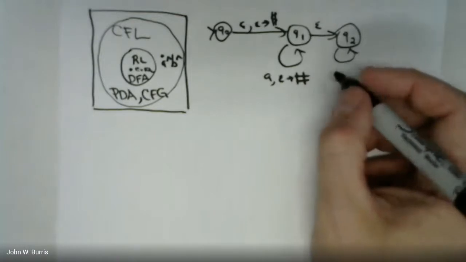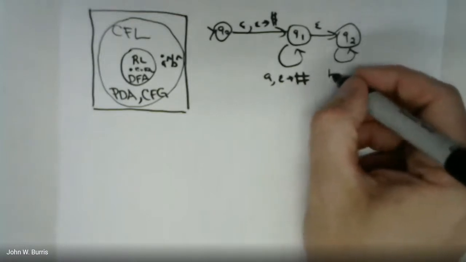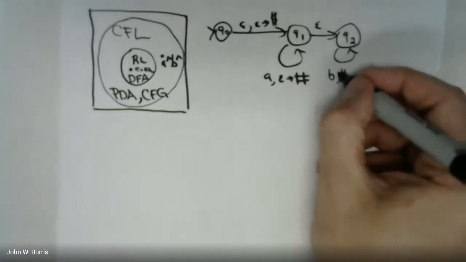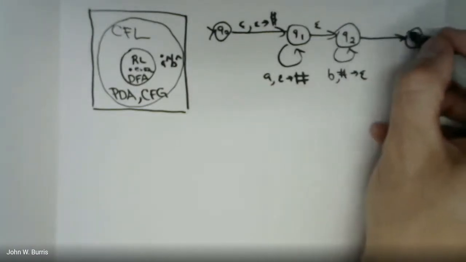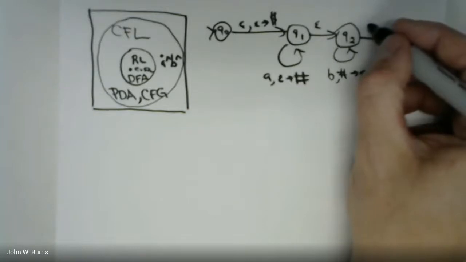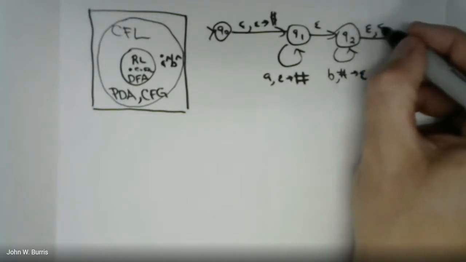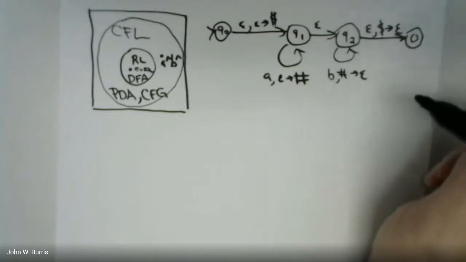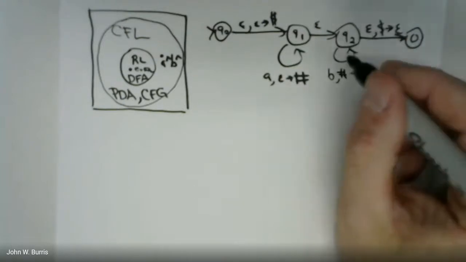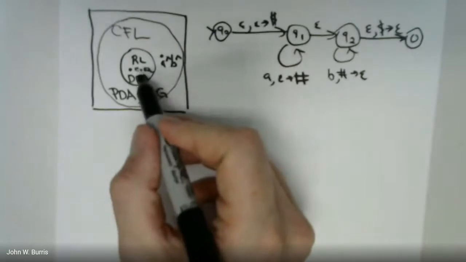It's going to read in B's, pop those hashes, and push on nothing. And then finally, a PDA accepts when it has both an empty stack and the end of the input string. This PDA proves that we have a context-free language.